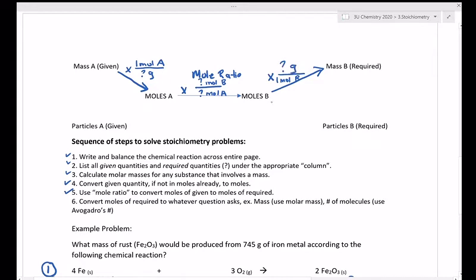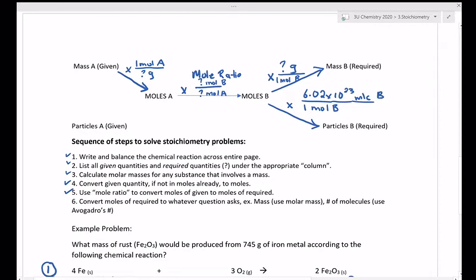But as I mentioned, the question may have asked you to turn your final answer into pieces or particles, and that is fine as well. So in that case, you would be doing 1 mole of B on the bottom, and Avogadro's number, 6.02 times 10 to the 23 pieces, which might be molecules, depending what it is.